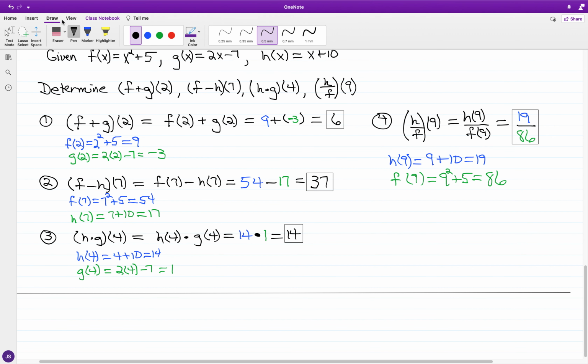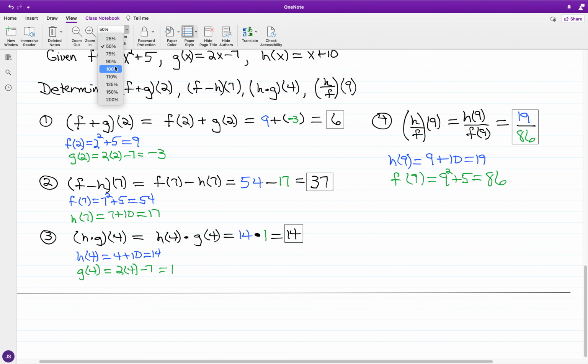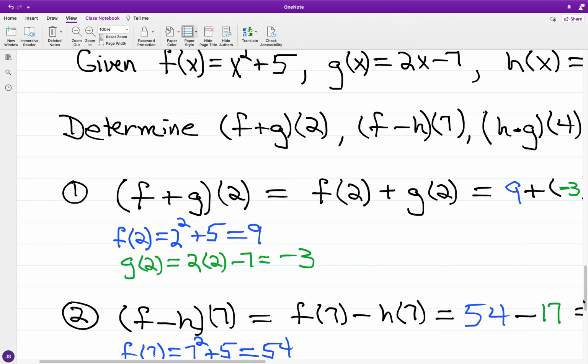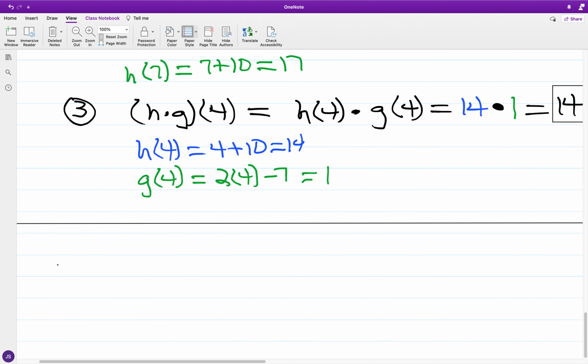And let's say we're not looking for the operations this time around, but just determining the domain.